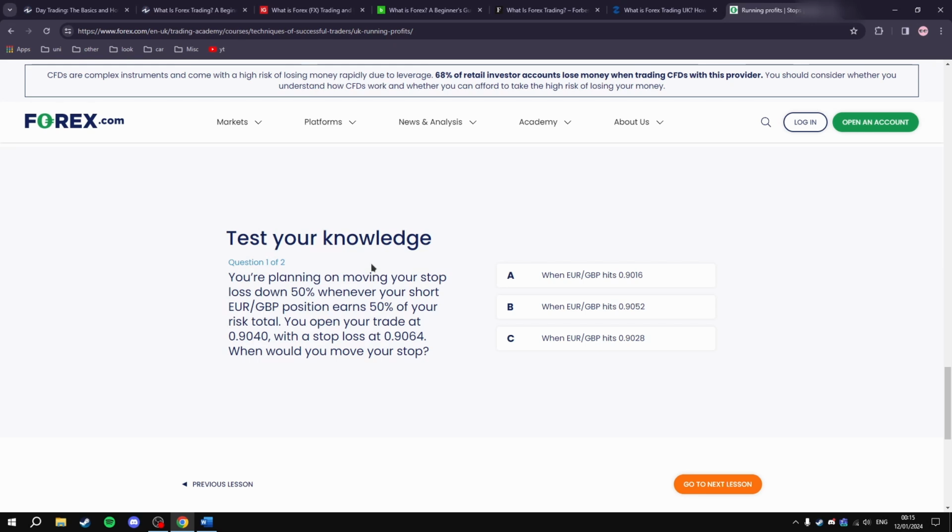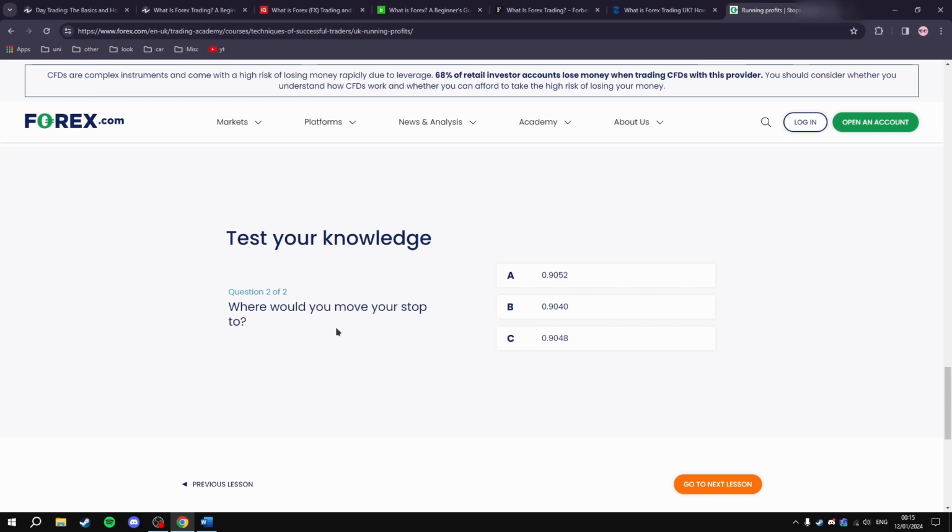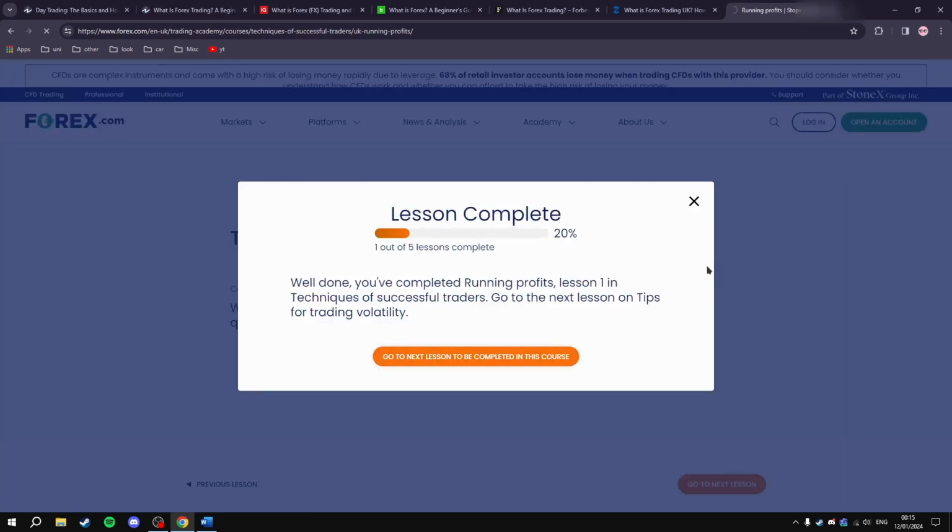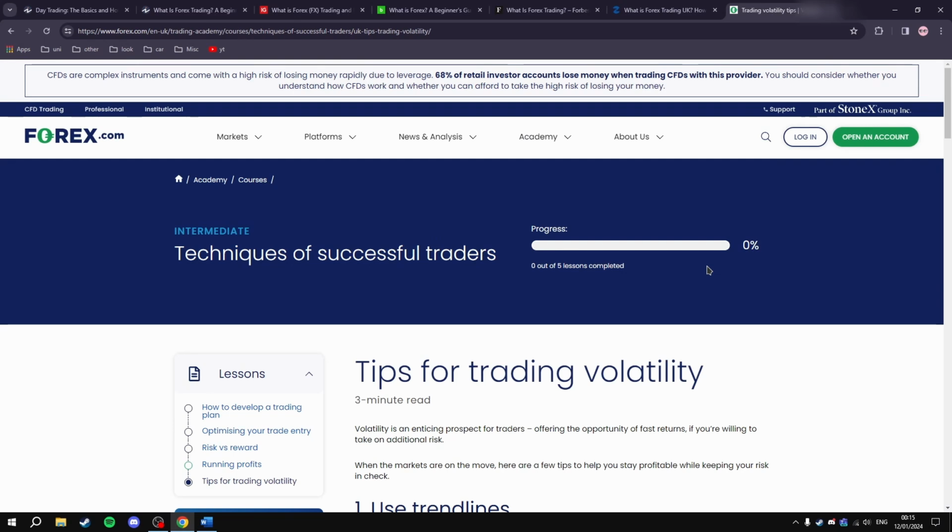You open your position at that price with a stop loss at that level. Where would you move your stop to?